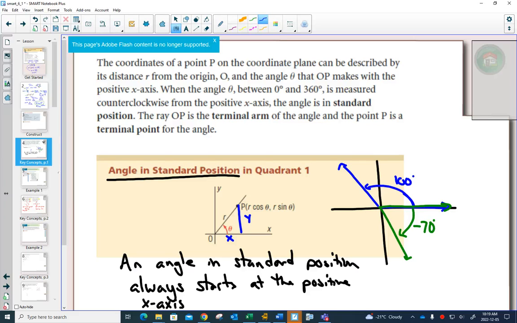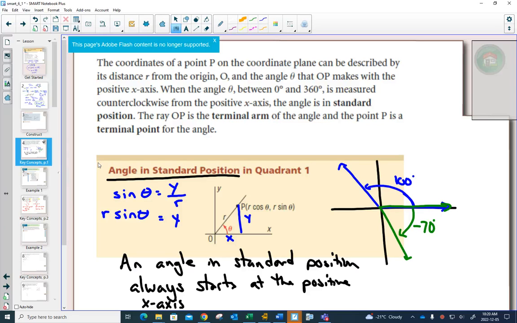So for example, I could use my trigonometry, my SOHCAHTOA. Can you see that you could say that sine of theta is the opposite over the hypotenuse? So in this picture, it would be y over r. And if I wanted to get y by itself, I could multiply both sides by r, and I would get my y-coordinate is r sine theta.